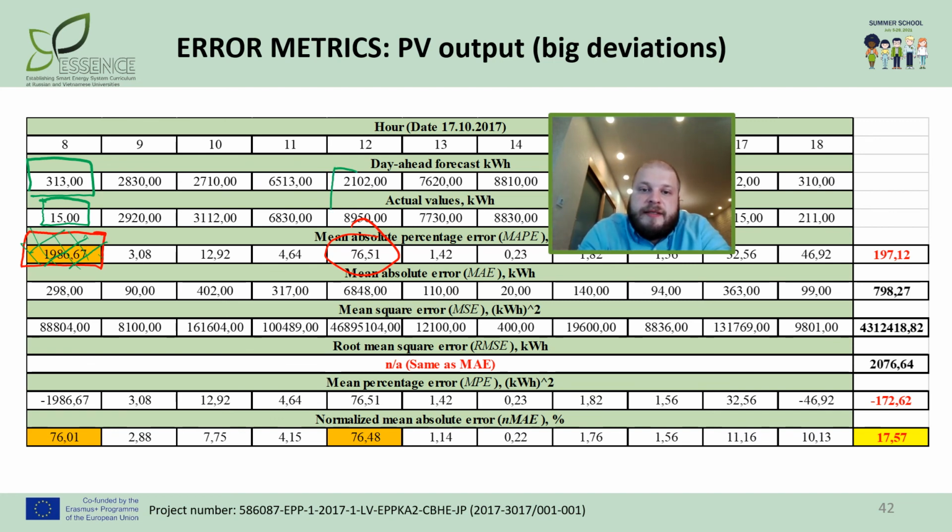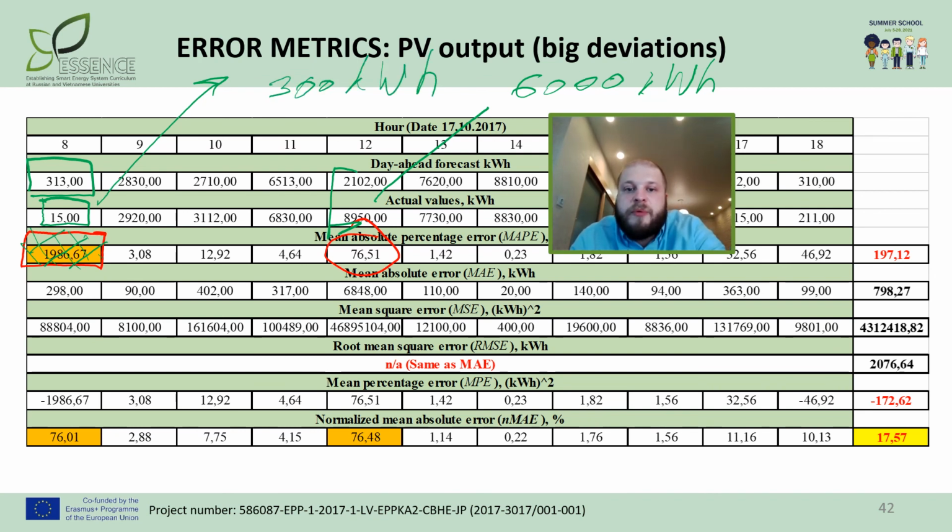In this case, we've mispredicted the actual value of the photovoltaic power plant's output by about 6 thousandths of kilowatt hours. And in this one, our misprediction was about 300 kilowatt hours. So what are we doing?